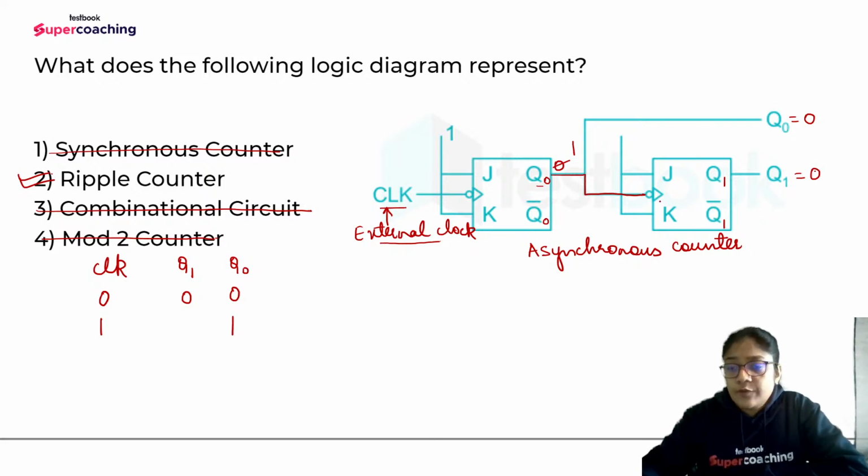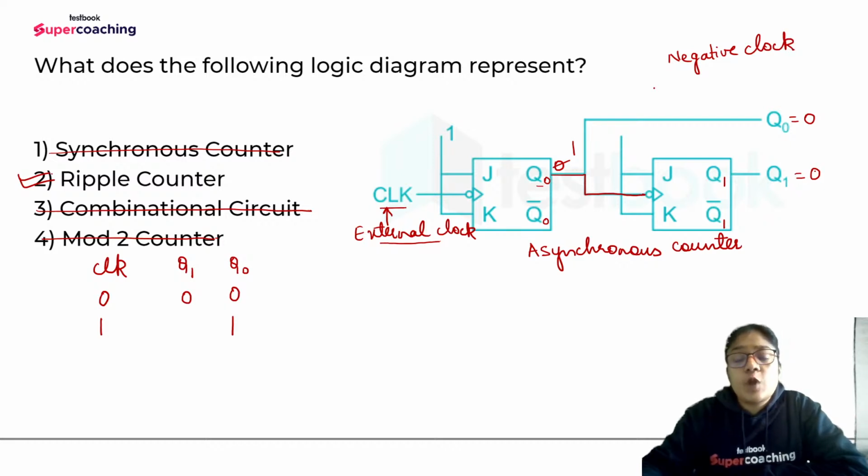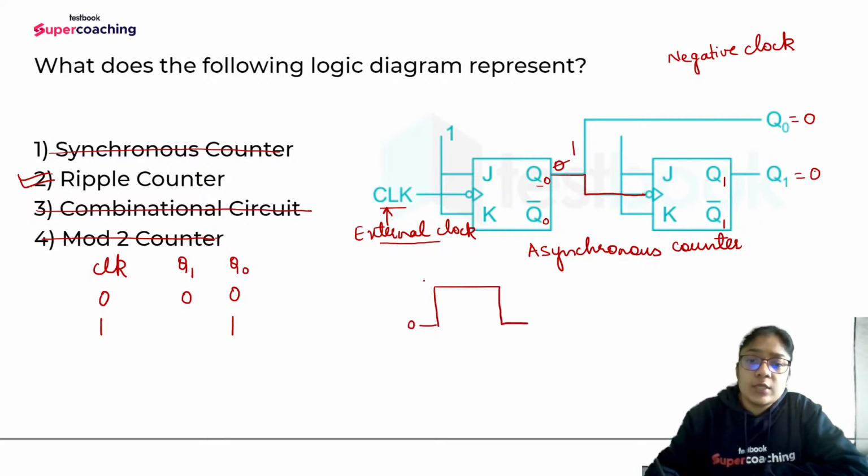Now, if you check the second flip-flop, because a bubble is used on the clock, this is the negative clock. What does negative mean? In negative edge triggering, what is happening? We can have positive and negative edge triggering. Positive edge triggering means when it's going on the positive side, when going from 0 to 1.